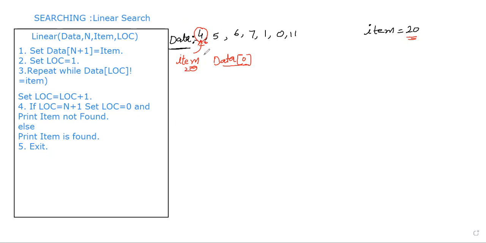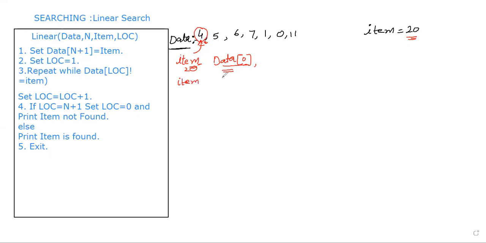Once I compare it, I will get to know that my item is not matching my data item 0. So what am I supposed to do next? I am supposed to compare my item with the next element.